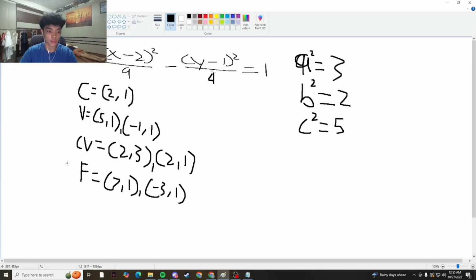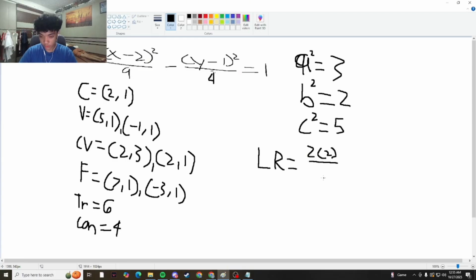Now let's try to find the transverse axis. So transverse is 2 times a, so 2 times 3 is 6. And the conjugate axis you can find as 2b, so 2 times 2 is 4. Now let's try to find the latus rectum. LR is 2 times b squared over a.